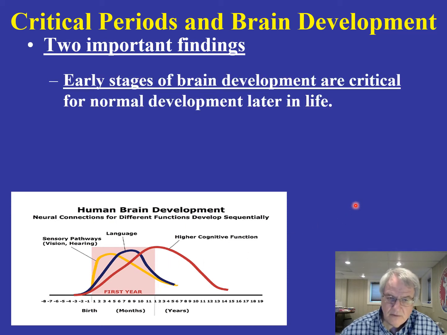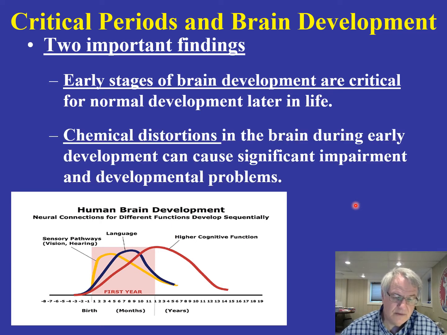So when we take a look then, there are really two important findings that you need to be aware of. First of all, early stages of brain development are really crucial for normal development later on in life. A lot of information in the field of behavioral neuroscience points in that direction. And secondly, there are chemical distortions in the brain that, if they do occur during early development, can cause a lot of problems in terms of the development of behavior.